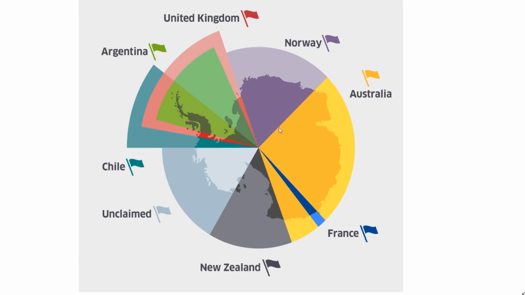So of course, if you did want to explore Antarctica, for convenience, you would have to enter through one of these territories, unless you wanted to enter through the unclaimed territory, which is basically faced with a vast ocean.